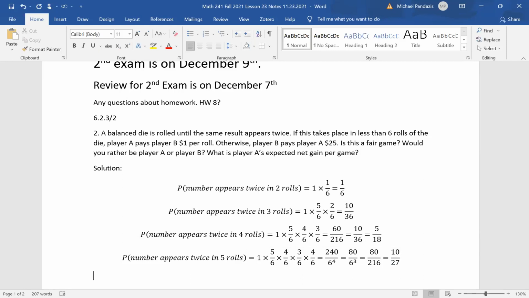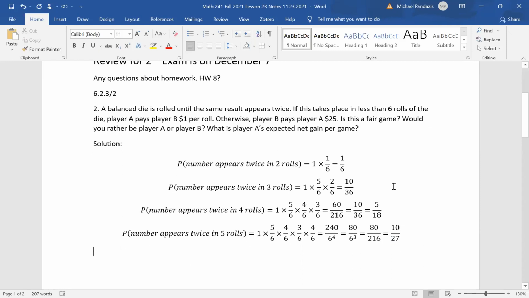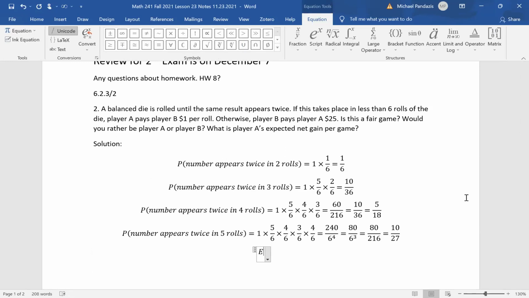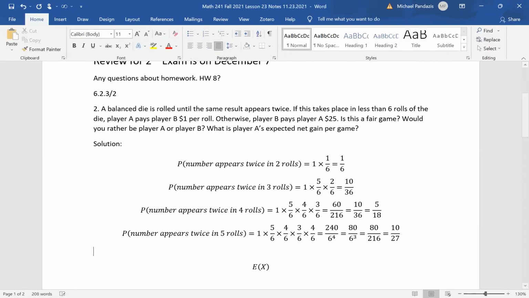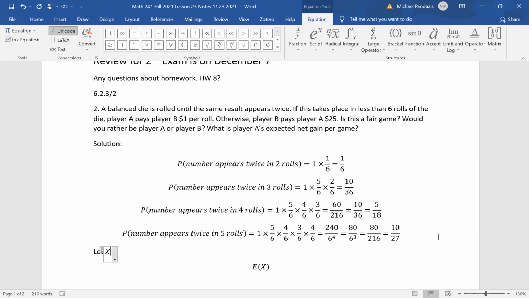And so, is this a fair game? The expected value here is going to be, so let X equal the amount that player A pays player B in one game.